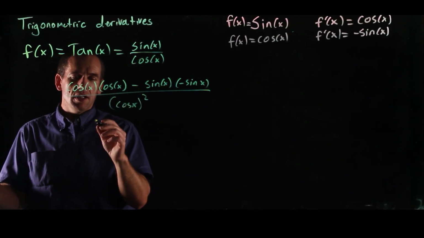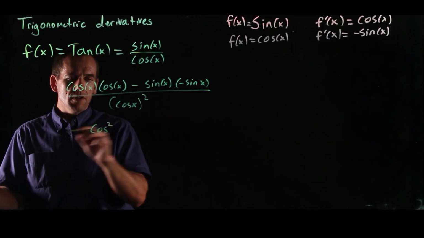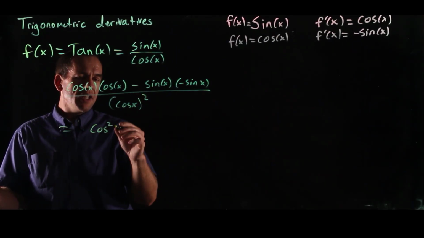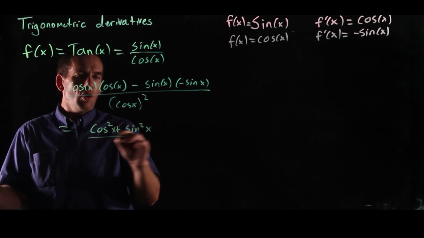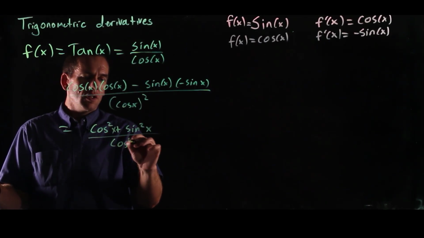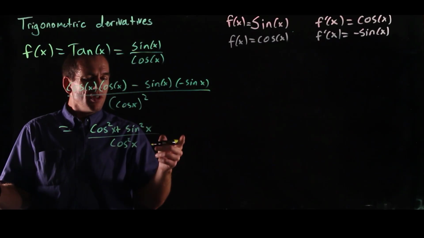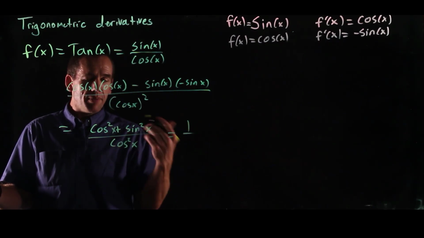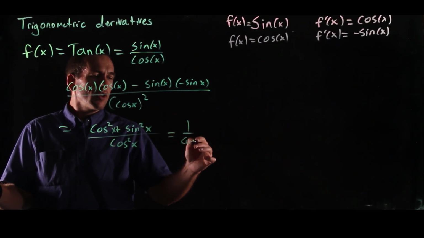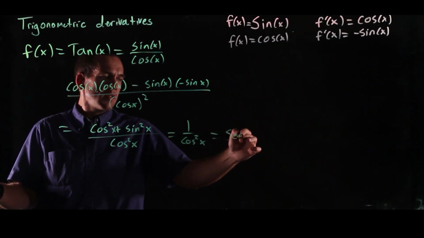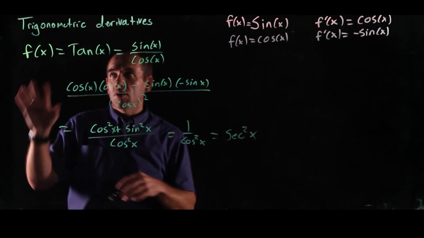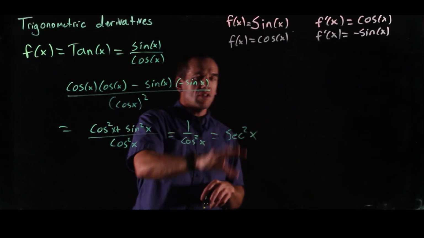Cosine times cosine is cosine squared. Negative sine times negative sine is plus sine squared, all over cosine squared. Well, sine squared plus cosine squared is equal to 1. It's the Pythagorean identity. Over cosine squared x, this is just secant squared x. So the derivative of tangent is secant squared.